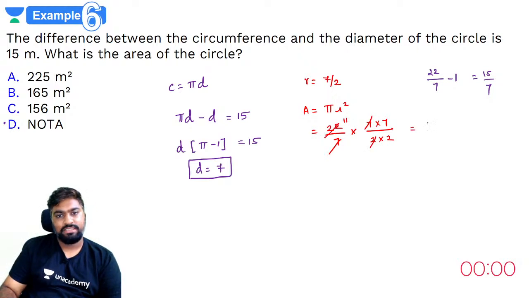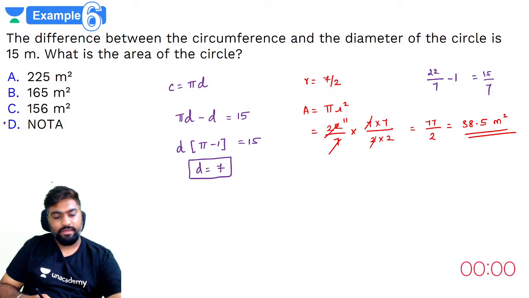You have 77 by 2, which is basically 38.5. 38.5 meters.